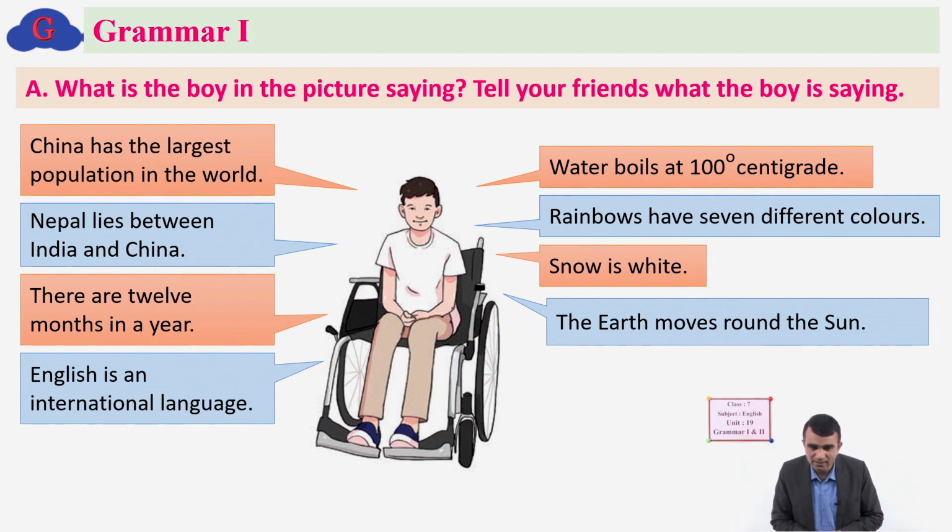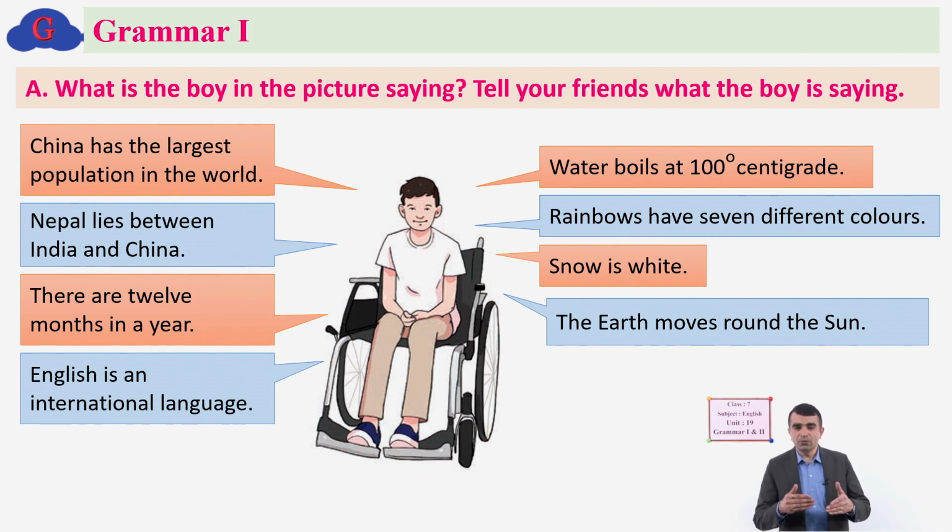Facts and truth are things that never change. China has the largest population in the world is a fact, a true thing, isn't it? Well, till now it is true. Similarly, water boils at 100 degrees centigrade, that is truth, fact. So all these statements are facts.